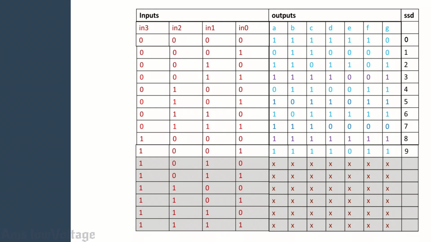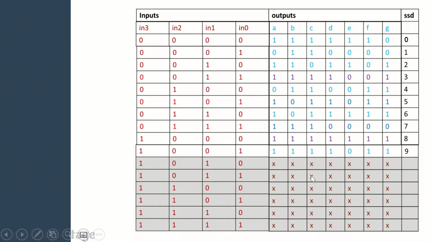After 9 we actually don't care about the input set and outputs. That means after 9 we don't want to display anything as a digit. So after 1001, we don't care anymore which output is shown on this LED display. The table is made like that, with don't cares after the 1001 input. That's why I have crossed out all these outputs.